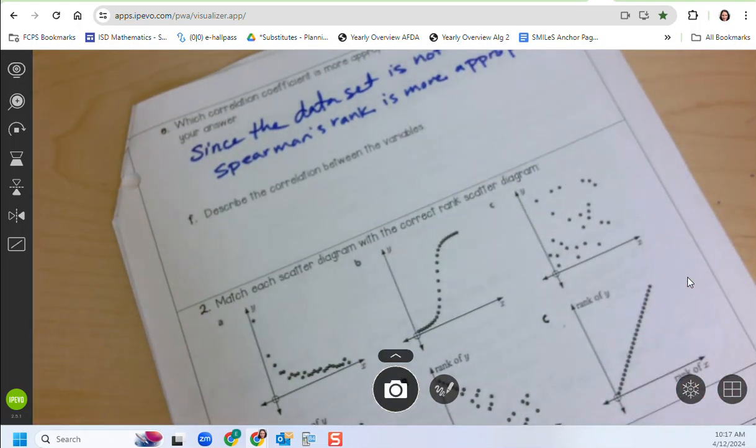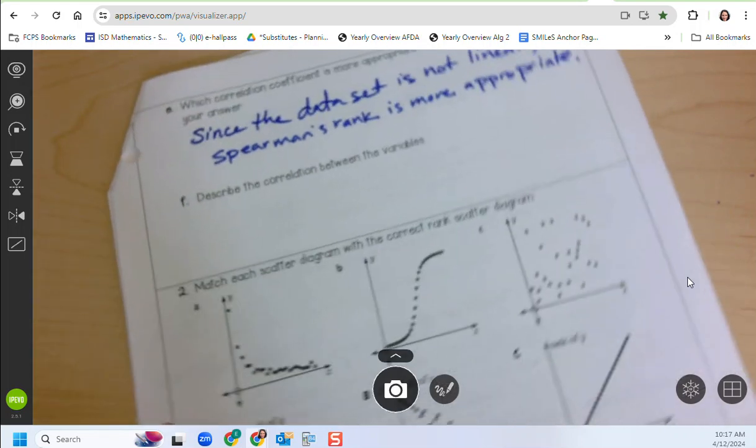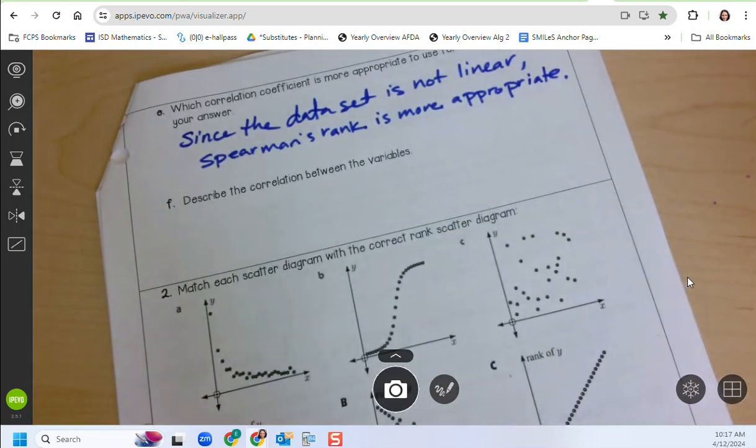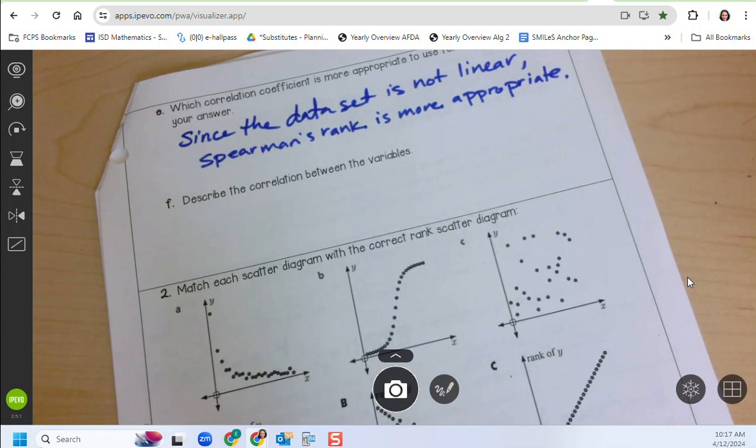And then since we're using Spearman's rank, we're going to make our conclusion from the R sub S and not from the R sub P. So our R sub S was 0.933. And that should tell us that there is, was that strong or was that very strong? Strong, okay.